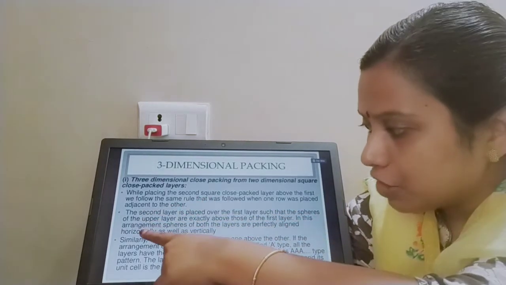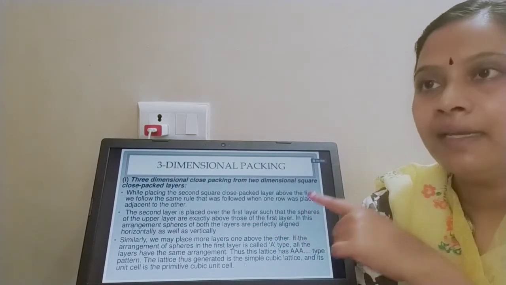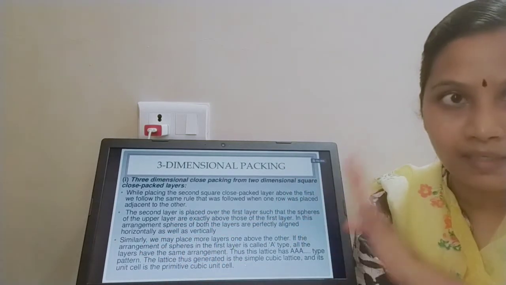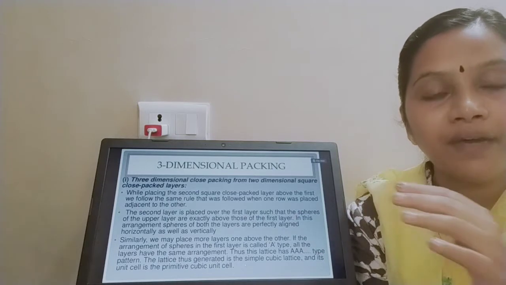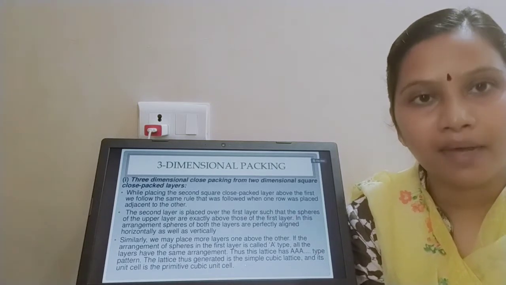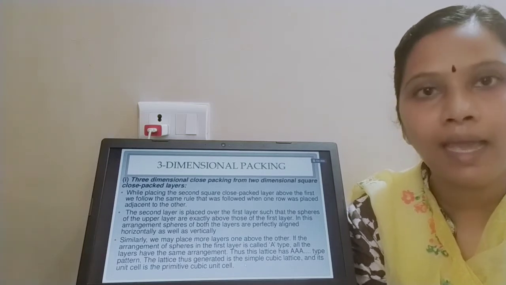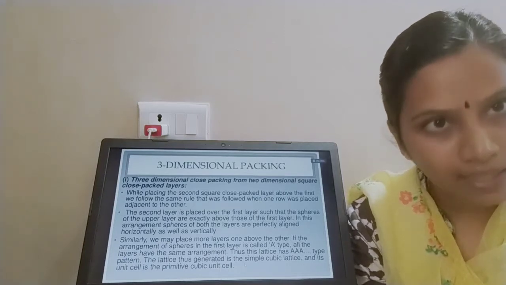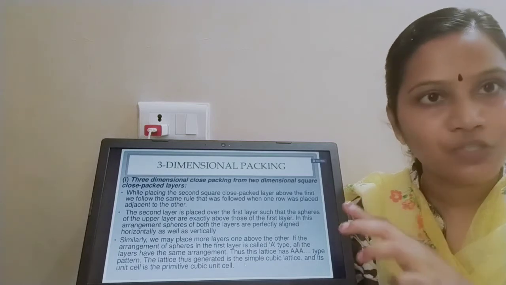In this arrangement, spheres of both the layers perpendicularly align to each other, either horizontally or vertically. Correct? So what is 3-dimensional packing? I have arranged layer 1 and layer 2 such that the particles are perfectly aligned both horizontally and vertically. Both horizontal alignment and vertical alignment happen when you place 2 rows which are exactly similar.